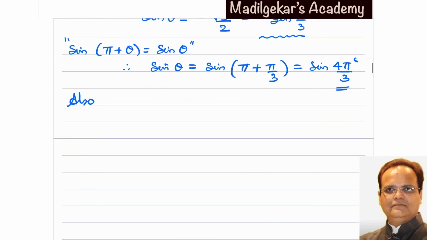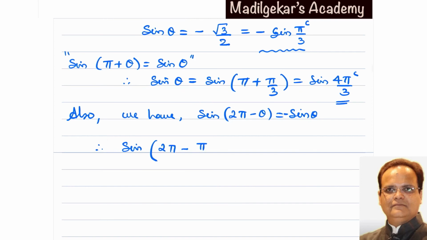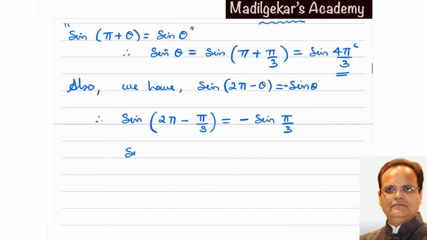Also we have sine of 2 pi minus theta equals minus sine theta. On substituting theta equals pi by 3, this will be minus sine pi by 3. That is sine of 5 pi by 3 equals minus root 3 by 2.